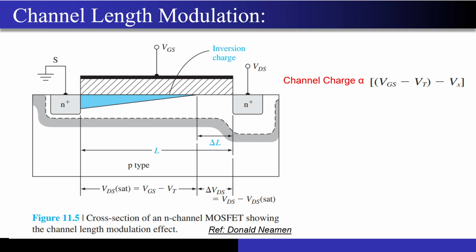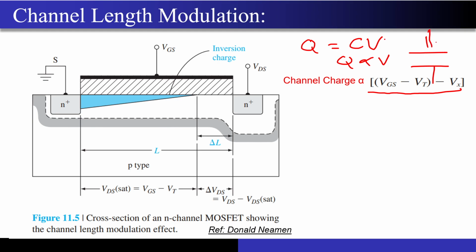I told you I will come back to this point later. Now we have seen this channel charge. What is this channel charge? Q is nothing but C times V, so your Q is proportional to the voltage applied across the capacitor. The more voltage you apply across this capacitor, the more charge you accumulate on its plates.